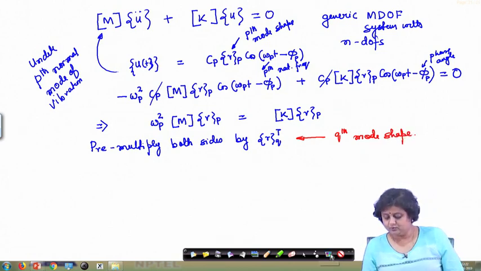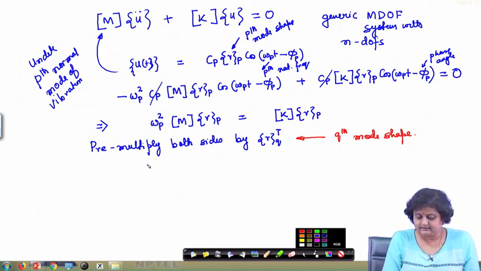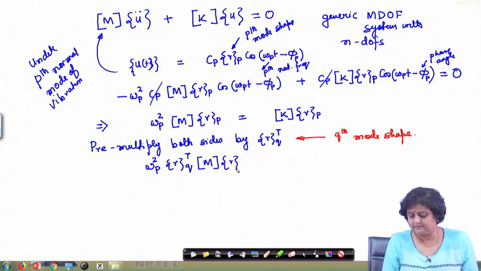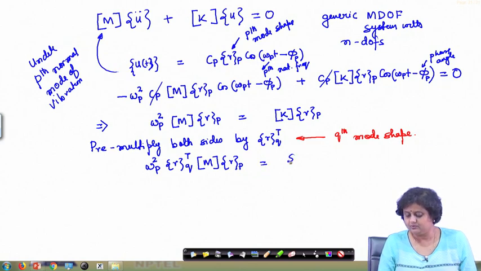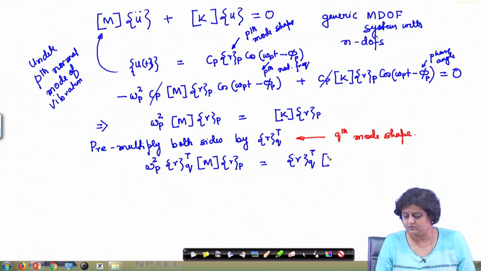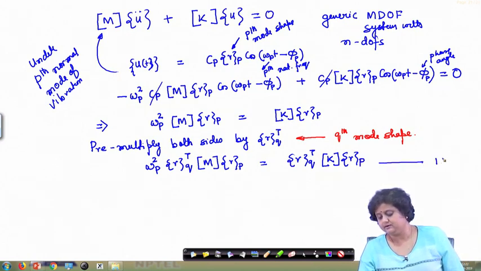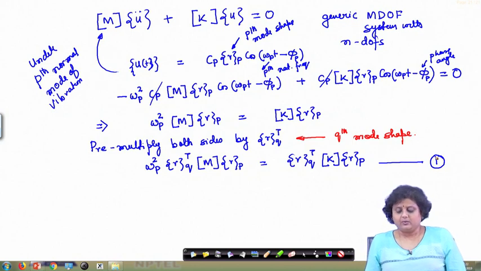If I do so, I get this equation as omega p square Rq transpose into m into Rp is equal to Rq transpose into k into Rp. Let me call this equation 1. We have to keep this equation 1 in mind.